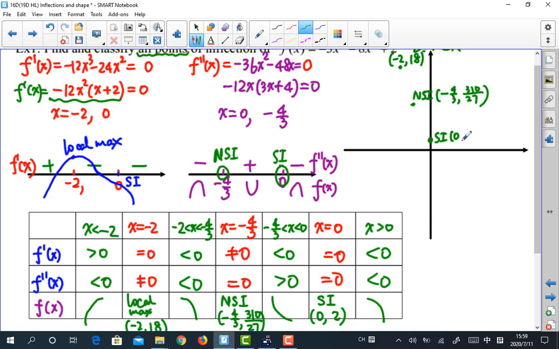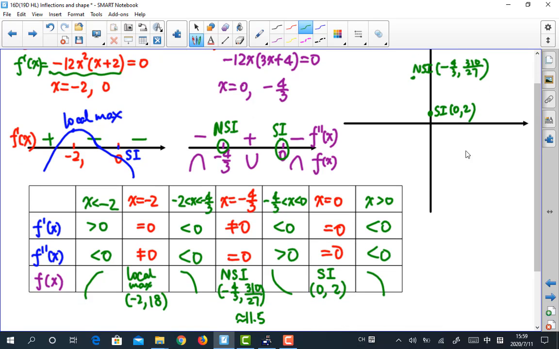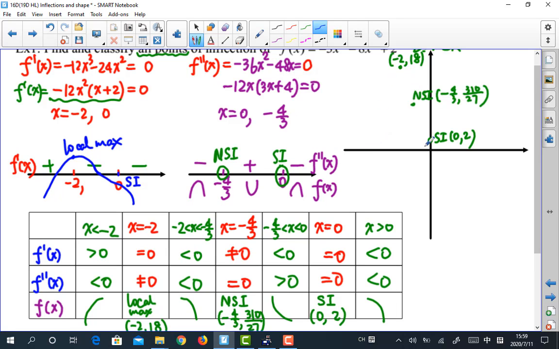Stationary inflection, (0, 2). Then what I need to do is look at the curve shape from each interval, put them up and connect them with those points. So we should have increasing concave down, then decreasing concave down, then decreasing concave up, then decreasing concave down.